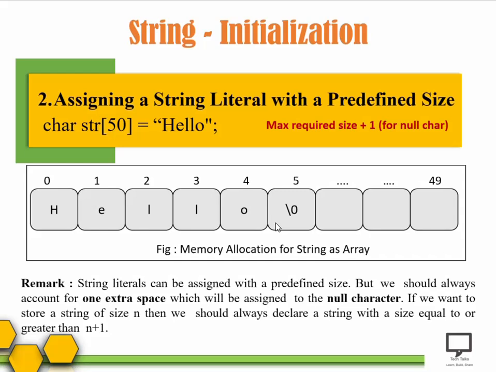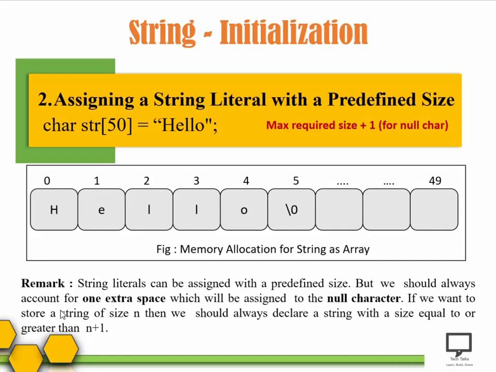You have to keep in mind one thing: string literals can be assigned with a predefined size, as we have just seen, but before assigning a string we have to take care that it will have plus 1 size, which is required to store a null value.